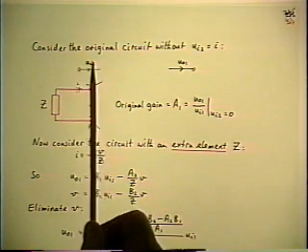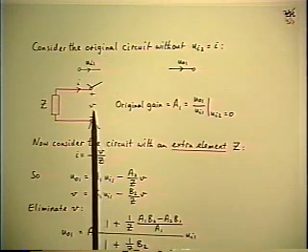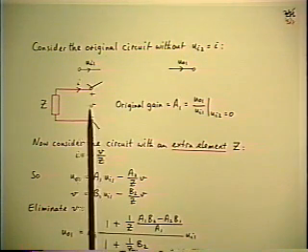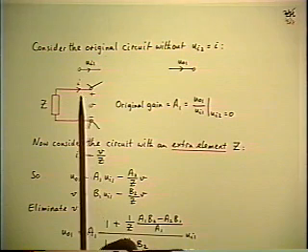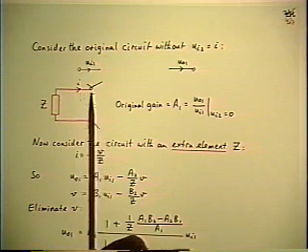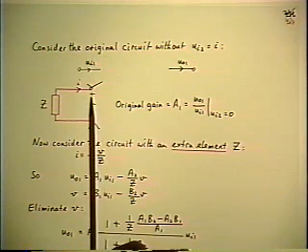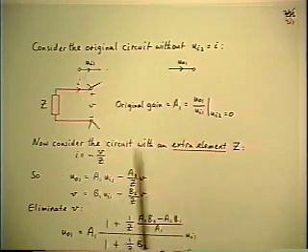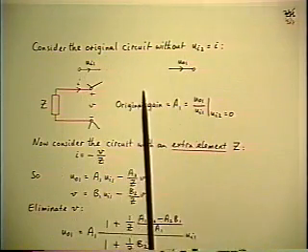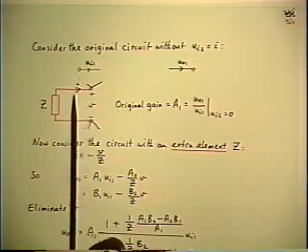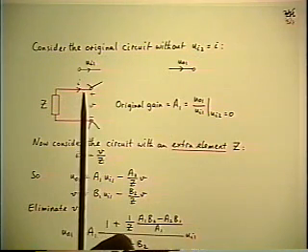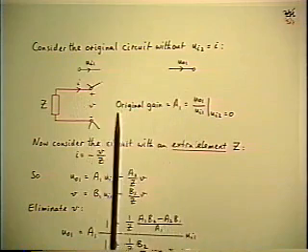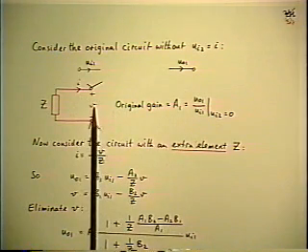There's only one input now, input number 1. But there is an implicit input number 2, namely the value of this current I.